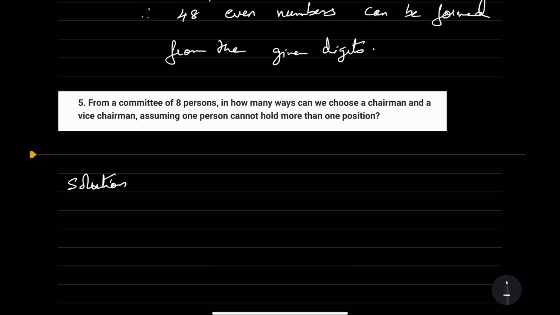In this we have, from a committee of 8 persons, how many ways can we choose a chairman and a vice chairman, assuming one person cannot hold more than one position? So here you have the total in the committee, how many are there? Committee of 8 persons. So 1 2 3 4 5 6 7 8.